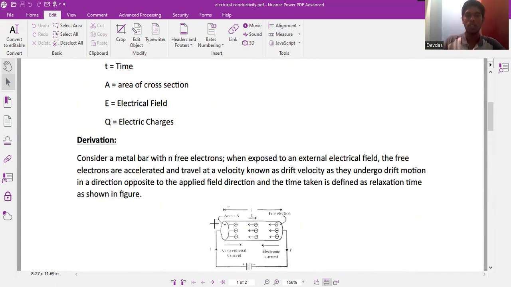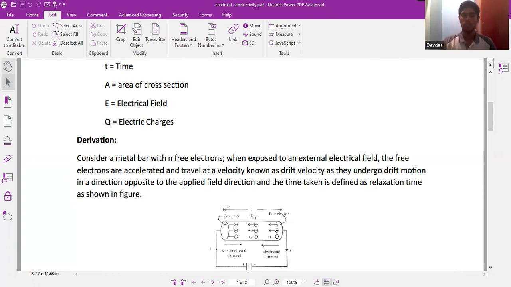To start the derivation, we need to imagine a scenario. Let's say we have a metal bar to which you apply an electric field. The metal bar has n number of free electrons. These electrons experience drift velocity and undergo a drift motion, moving in the opposite direction of the electric field.